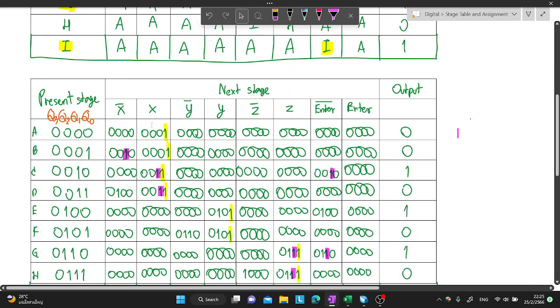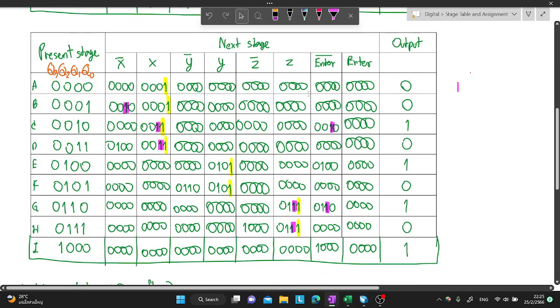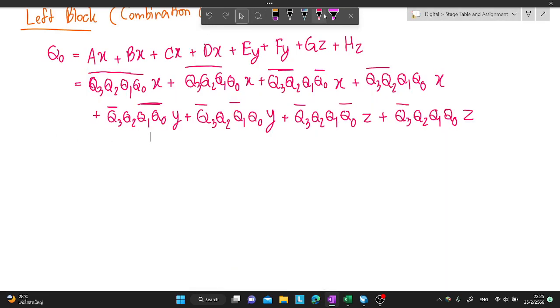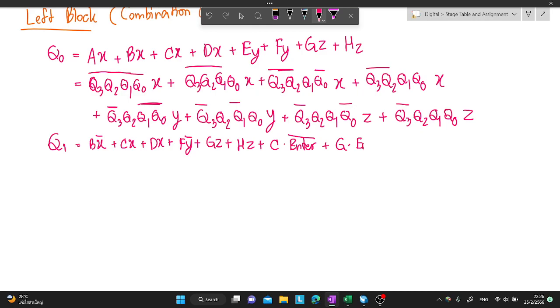Okay, back to this. Write the equation of Q1 that has B, C, D, F, G, and C enter and G enter.